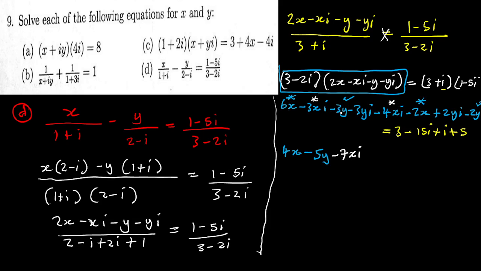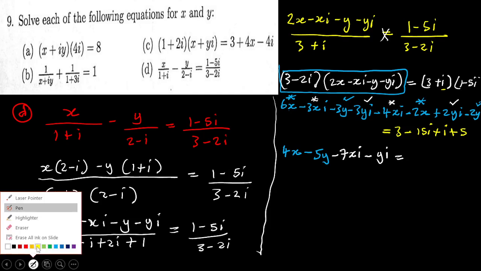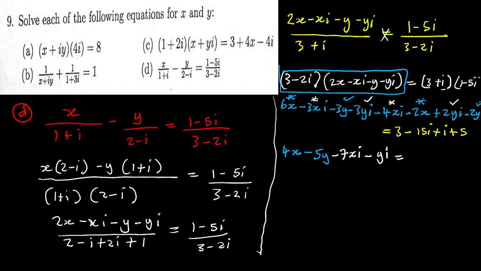Okay, we are done with this guy. Let's look at this guy and that guy. So negative 3yi plus that is going to be negative yi, because that's a 1, right? That's a 1 here, that's a 1. So guys, you just have to know what you are doing and make sure that you are extremely careful.